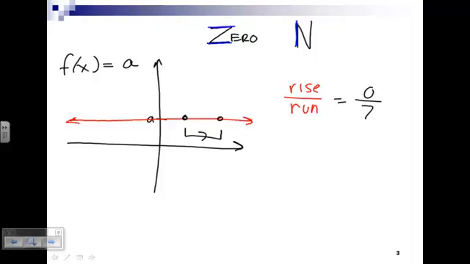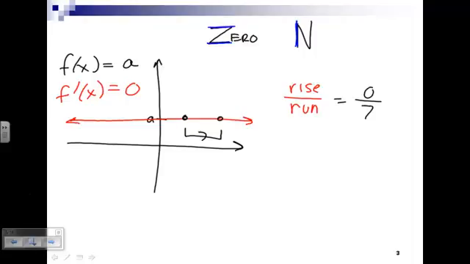if that's the case, if f of x is equal to a, what does the f prime function look like? It looks like 0. So if f of x is a constant function, f prime of x is 0. Yes. All right? Great.